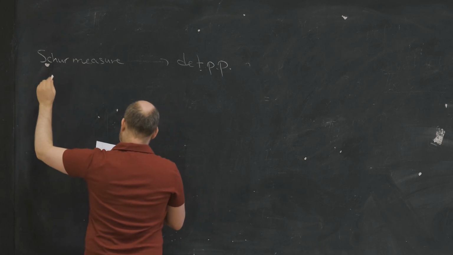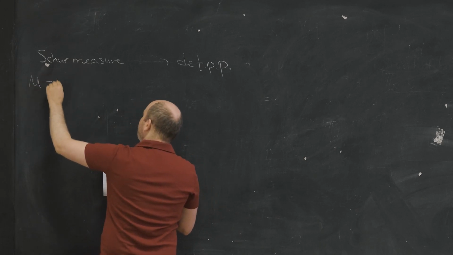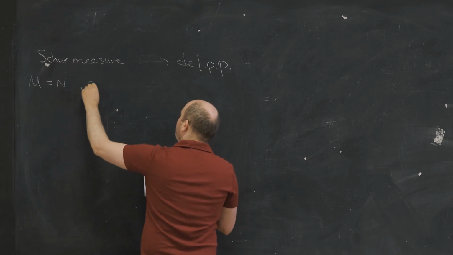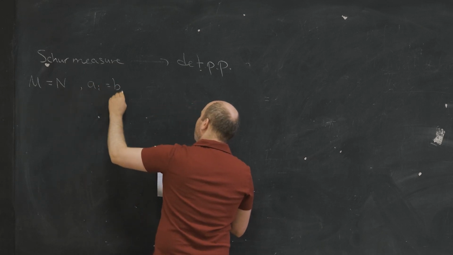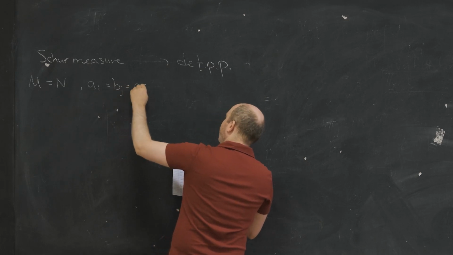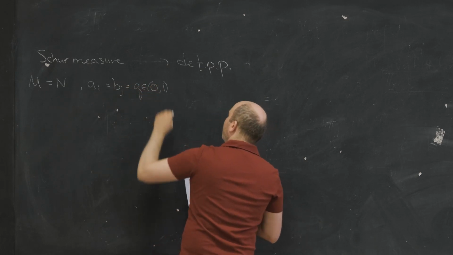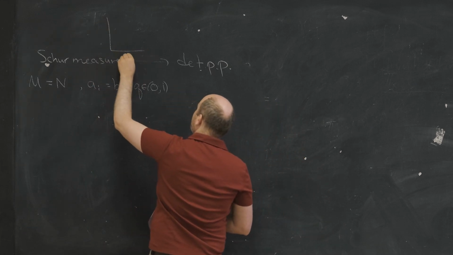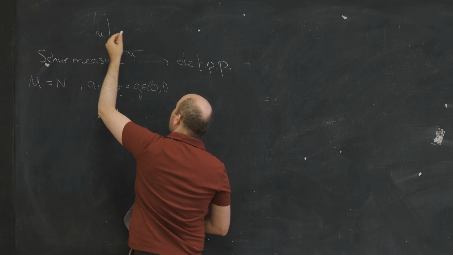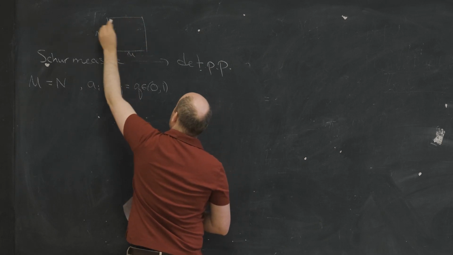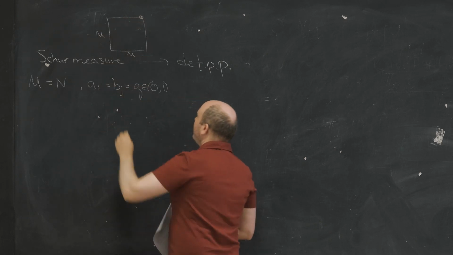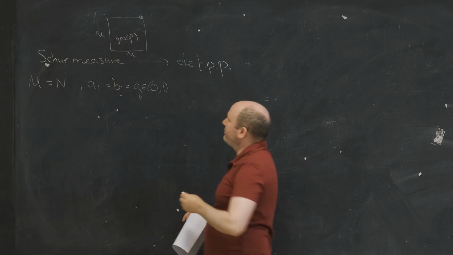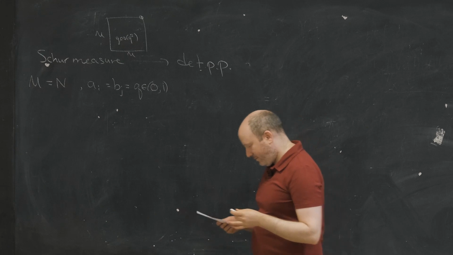So I have my Schur measure. I'm going to assume m equals n just for the sake of what I'm going to write here. And I'll take all the a_i's and all the b_j's equal to some q in (0, 1). Okay? So in terms of the measure, I'm really looking at an m by m, and I'm looking basically at the last passage time where my geometric weights are q squared, in the notation I'm using right now.